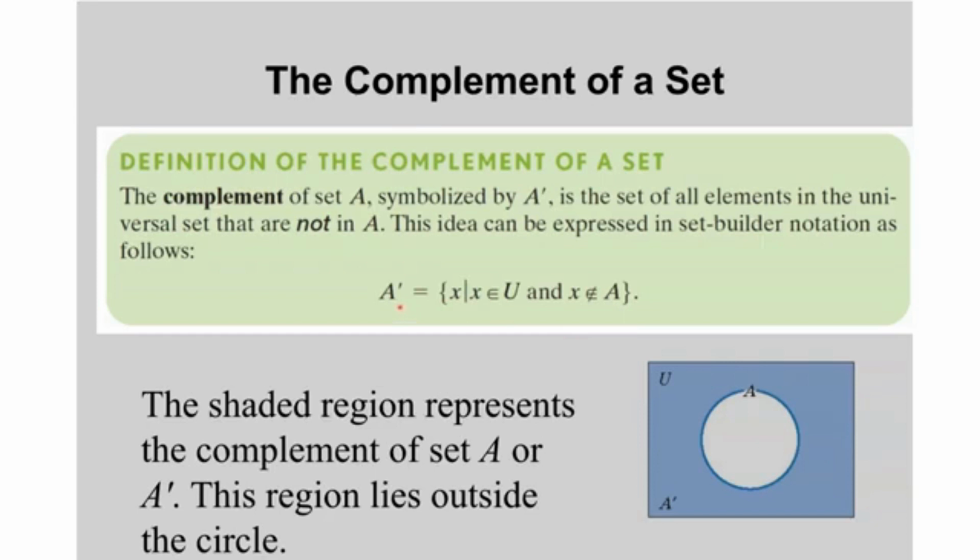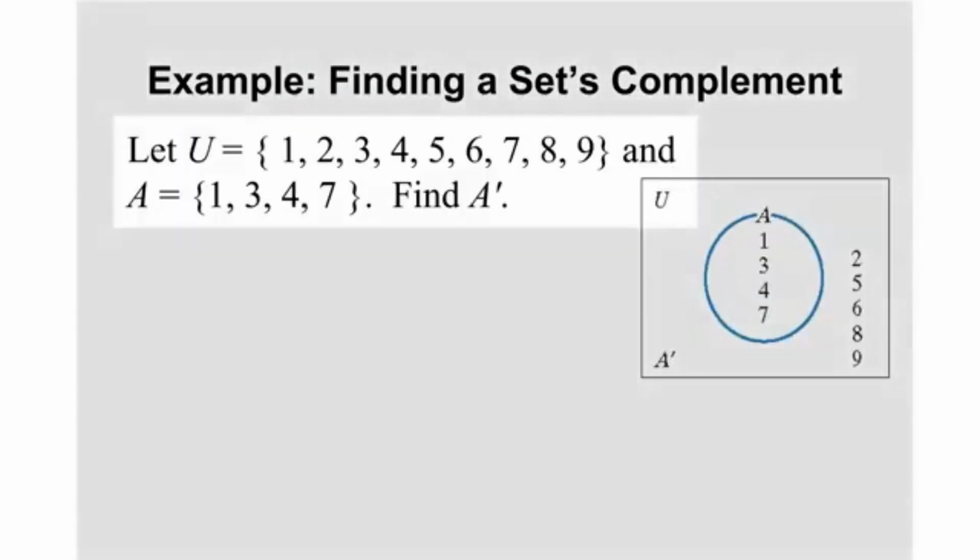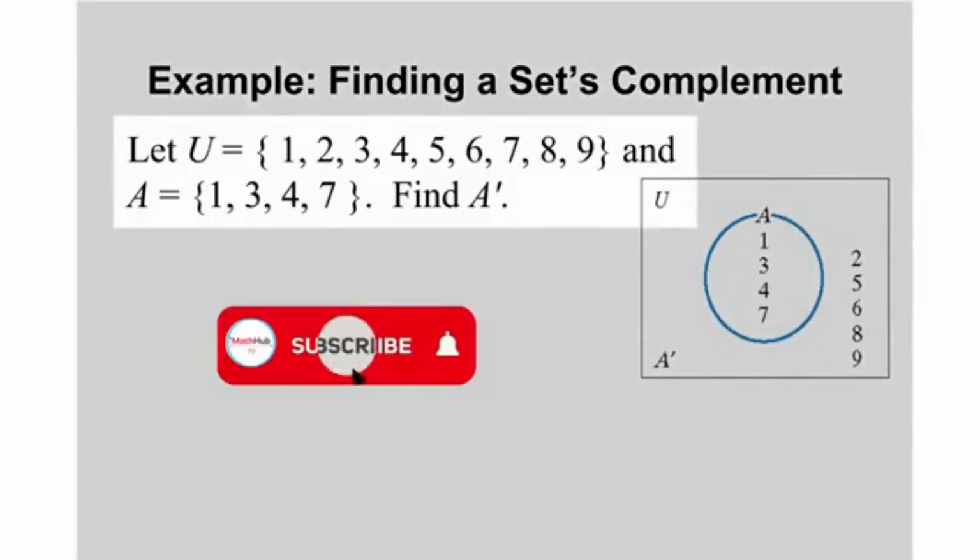So A complement, or the complement of A, is the set of all elements in the universal set but are not in A. So using the Venn diagram representation, we are actually referring to the region outside of A. So this blue region here, the shaded region that lies outside of the circle, is A prime, or the complement of A.